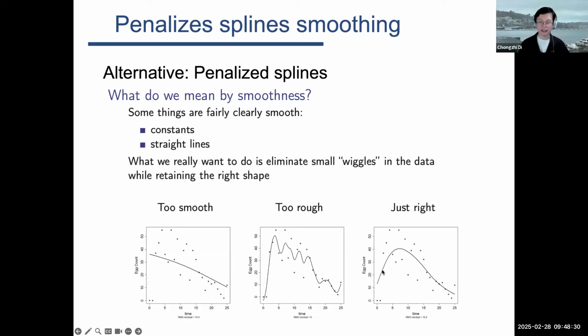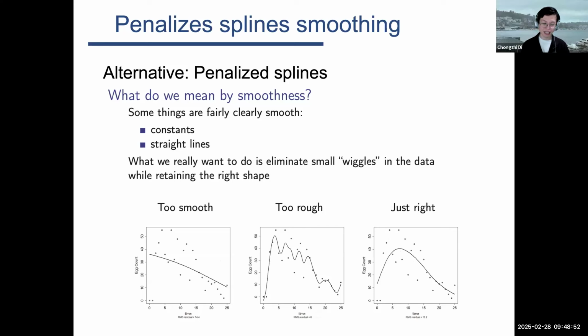You don't need to know how they are calculated, but I think it will be helpful to understand that for any kind of smoothing, there is always some tuning parameter that controls how smooth it is. It really tries to balance how well you fit the data versus how smooth your curve is.